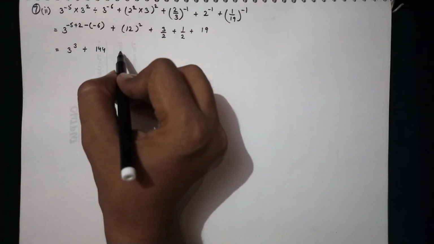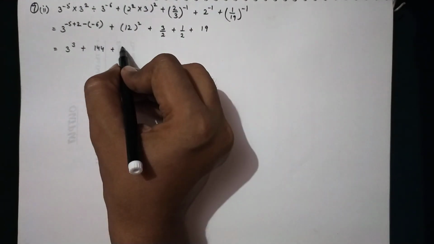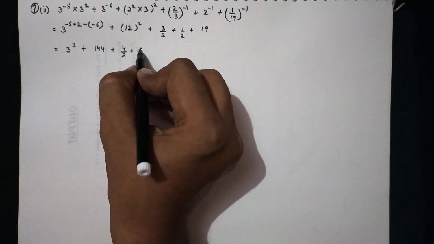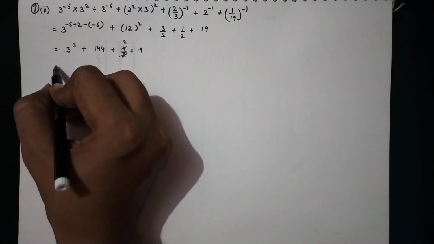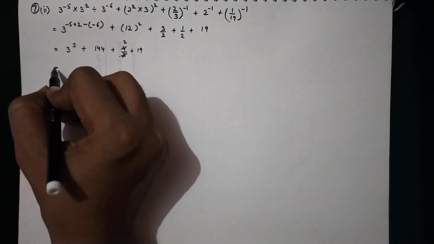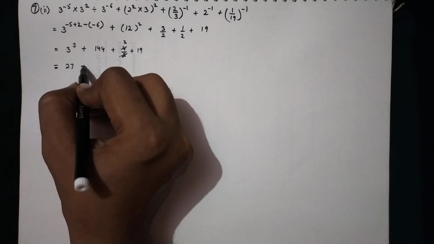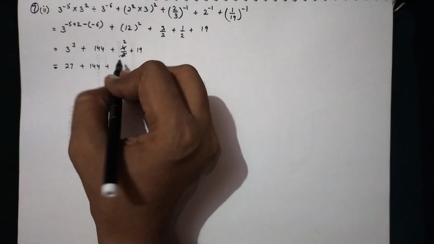Then, on adding these two, that is 4 by 2 plus 19. Cancel it out. You will be getting 2 over here. Now 3 to the power 3, that is 27, plus 144, plus 2 and 19, that is 21.